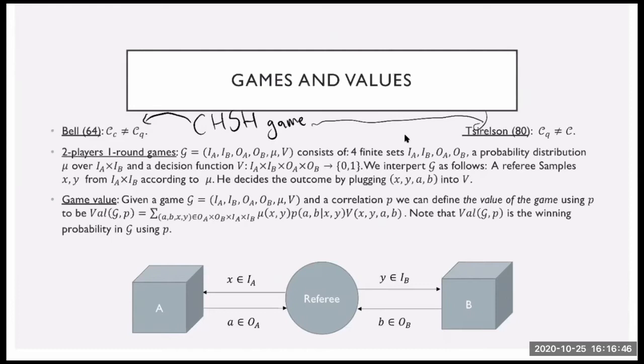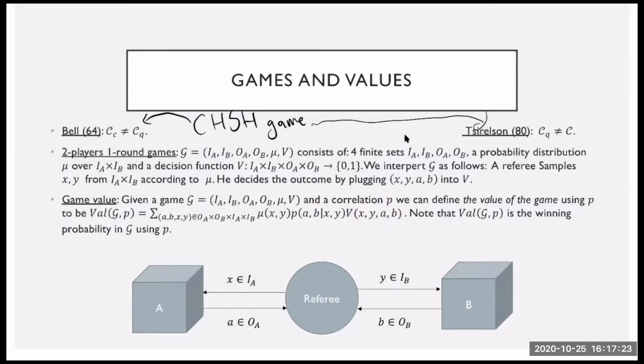But you need to have both the game G and a correlation taken from the correct correlation set, from R to the O_A, O_B, I_A, I_B. This is just the mathematical formula, but clearly this is the probability that the referee will ask questions X and Y, the probability that the boxes will answer A and B accordingly, and this is just 1 when they win and 0 when they lose.